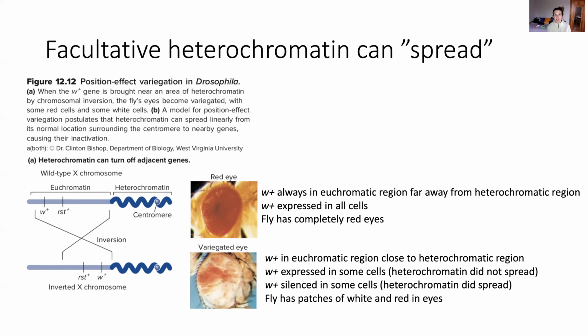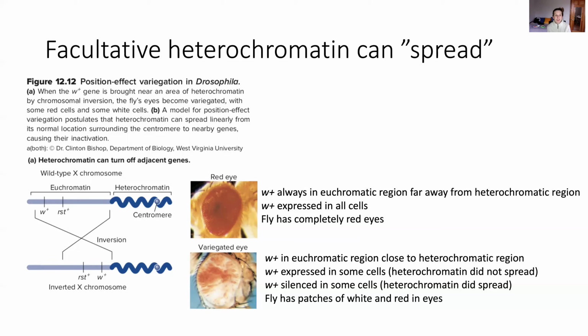So position effect variegation in Drosophila is a way that scientists study heterochromatin, and specifically facultative heterochromatin that can spread. So what you're seeing over here is one chromosome. This is, I think, the X chromosome in flies. And there's this region of heterochromatin around the centromere.